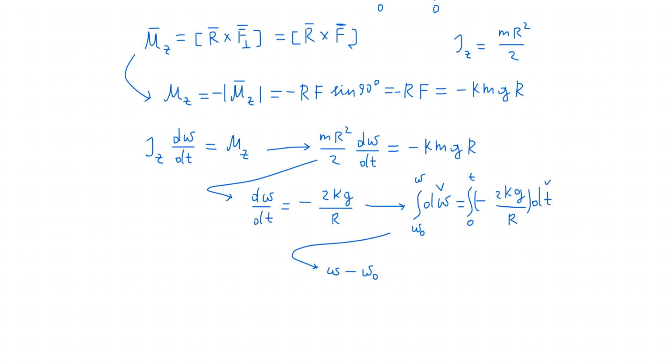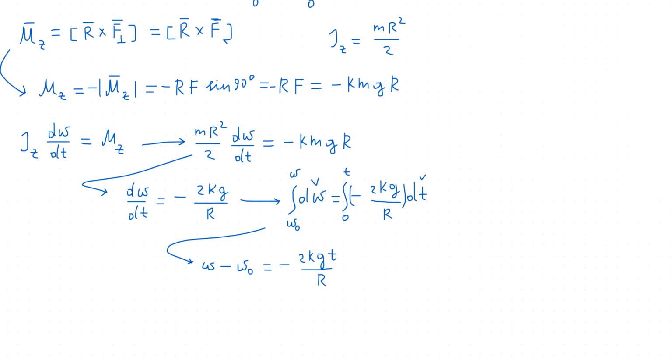and minus 2 kg t divided by r. And omega, it will be omega is equal to omega 0 minus 2 kg t divided by r.